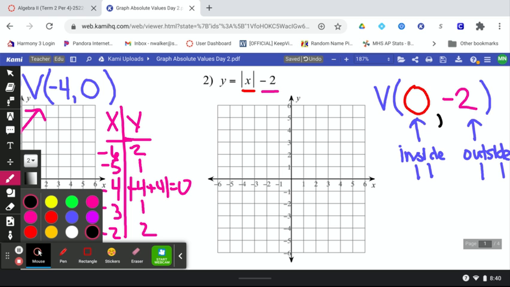So our vertex here is (0, -2). We can graph our vertex. We don't go left and right at all, but we go down on the y-axis to -2. This is going to be our vertex. Then to finish our graph, we just go out 1 and up 1 each way. And then we do that again, out 1 and up 1.